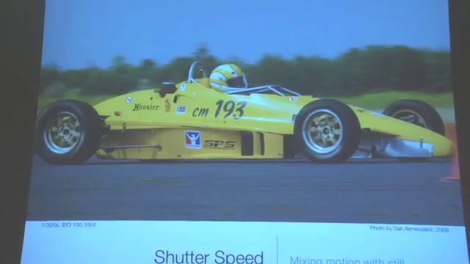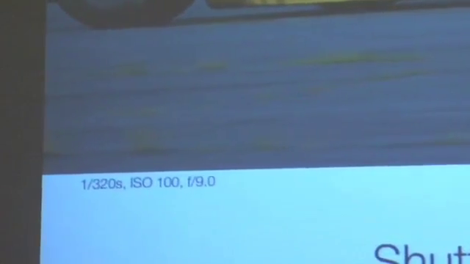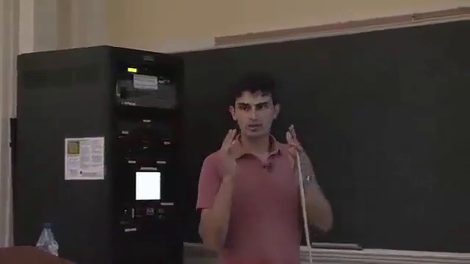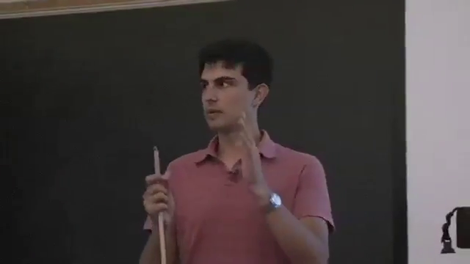But mixing motion blur with having a very sharp subject can be tricky, because you have to keep one particular subject absolutely still relative to the sensor itself.